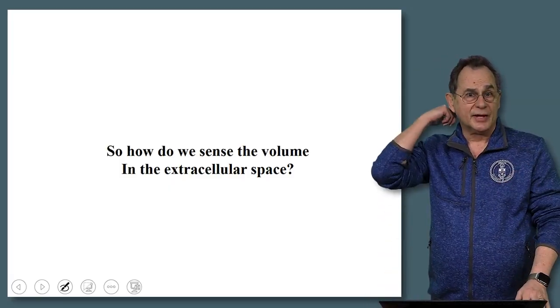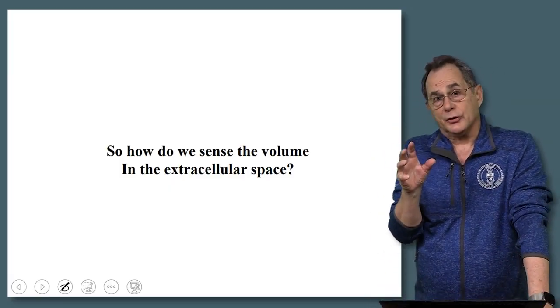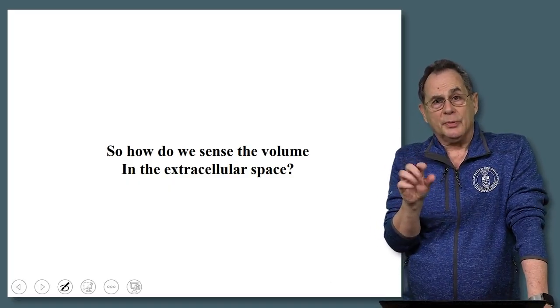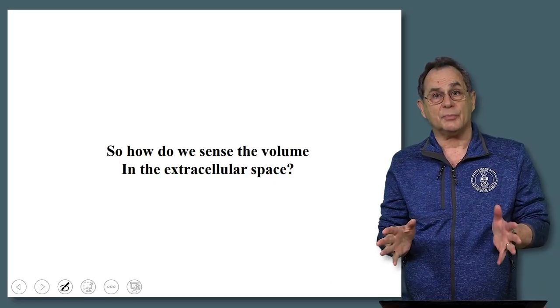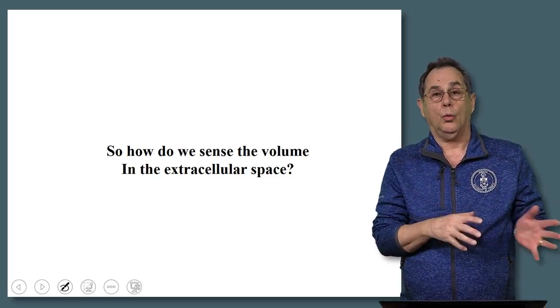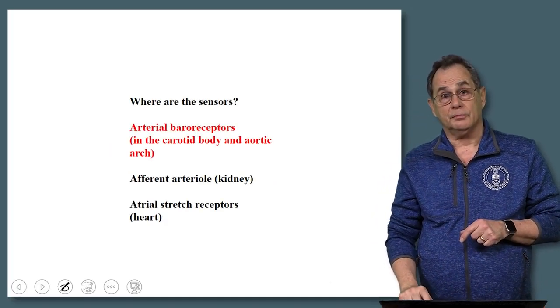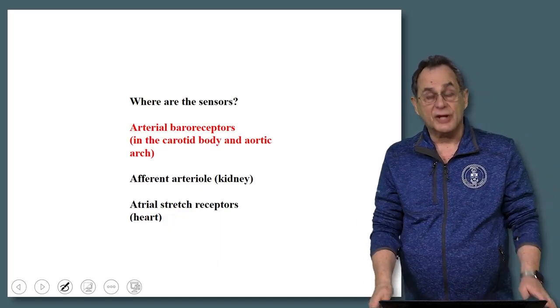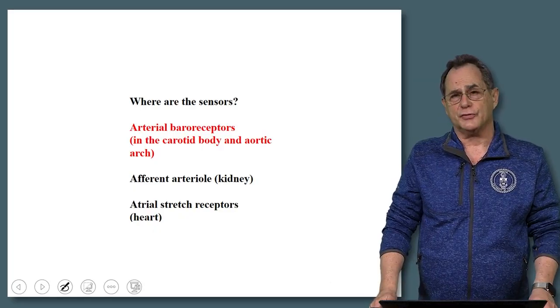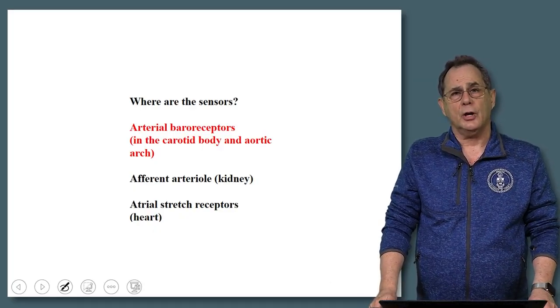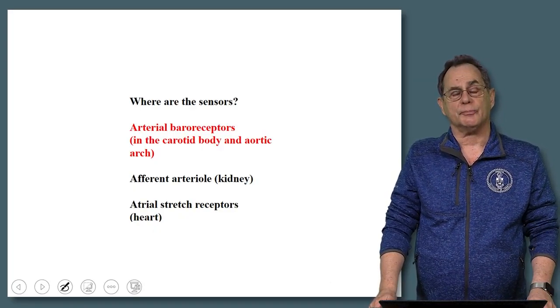So how do we sense the volume in the extracellular space? And maybe even a little more specifically, how do we sense the volume in the plasma compartment or the vascular volume? Where are the sensors? That's the first thing we would ask. You've talked a little in the cardiology physiology lectures about arterial baroreceptors.